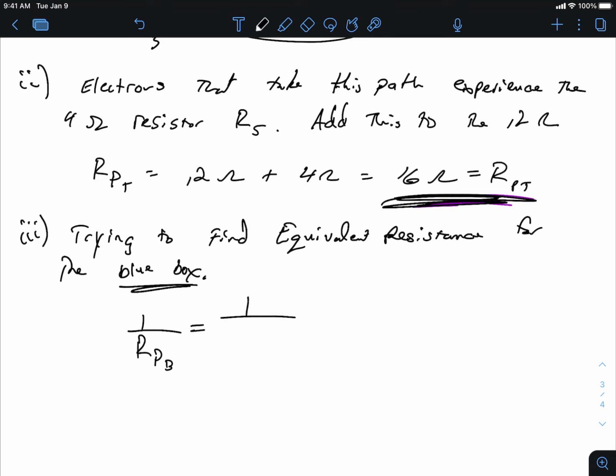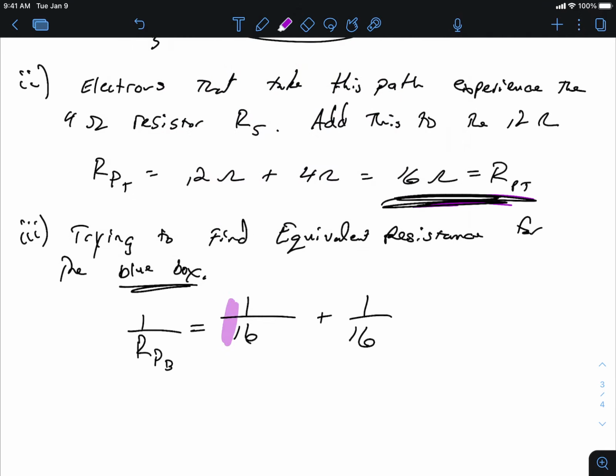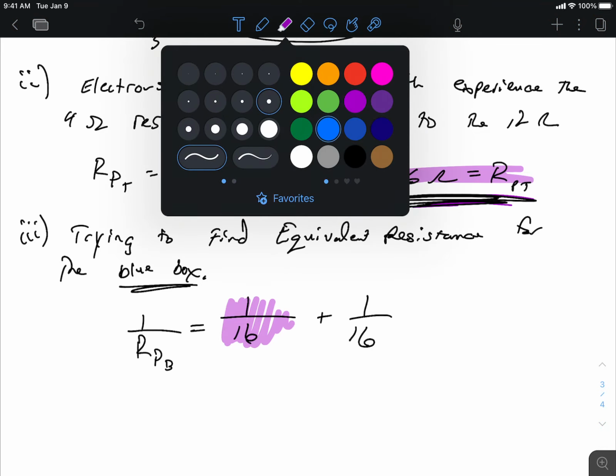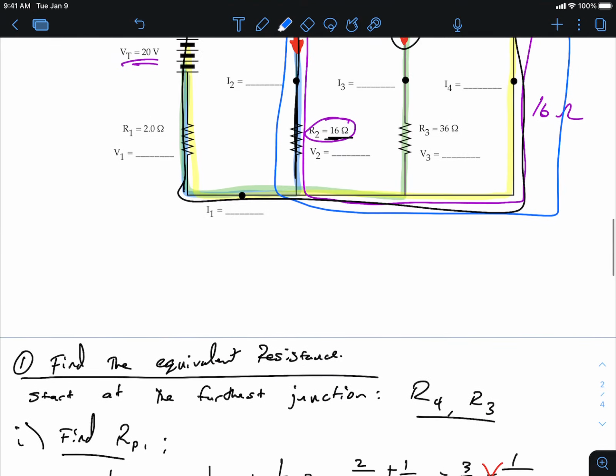So we're going to have the 1 over 16 from the purple box, and I'm going to add the 1 over 16 from the blue box. That's from up here.